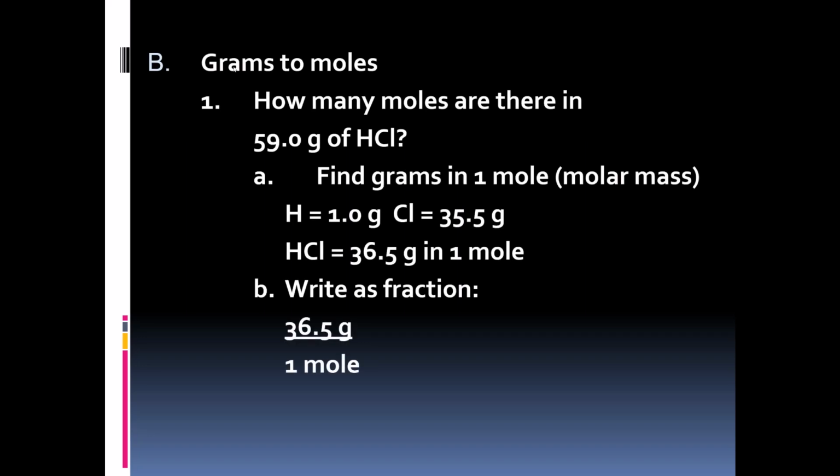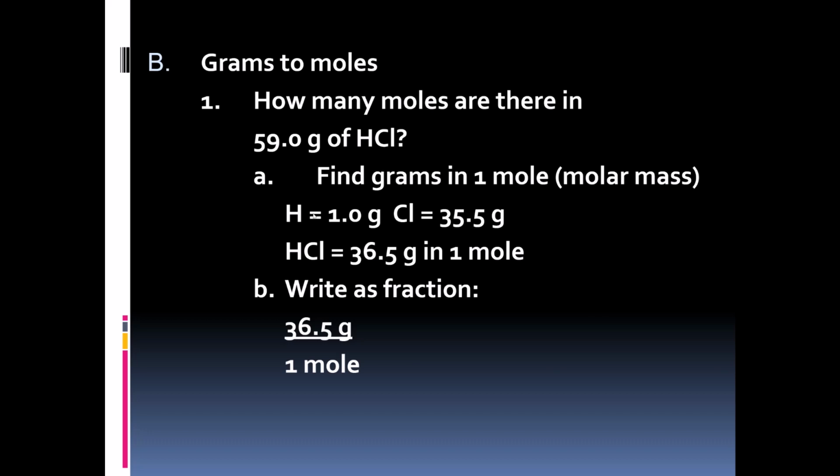Alright, then we'll go from grams to moles. So how many moles are there in 59.0 grams of HCl, or hydrochloric acid? First, like always, you find the molar mass of 1 mole of hydrochloric acid.